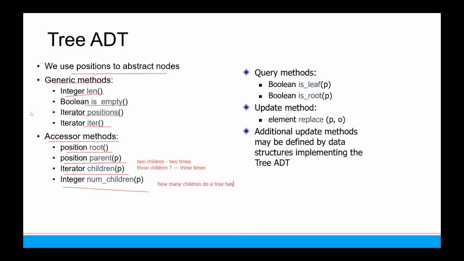In the query methods, we will have the boolean whether it is leaf or not, and whether it is a root or not. If it is leaf, then it is an external node. If it is true, then it is an external node. If it is false, it is an internal node. Is root, okay?